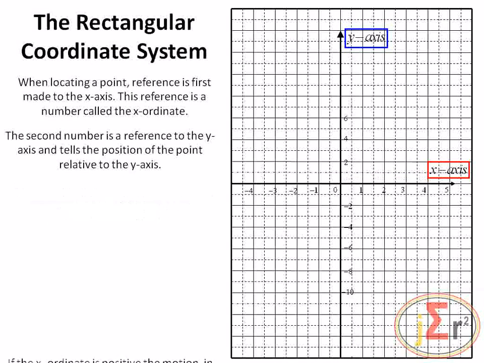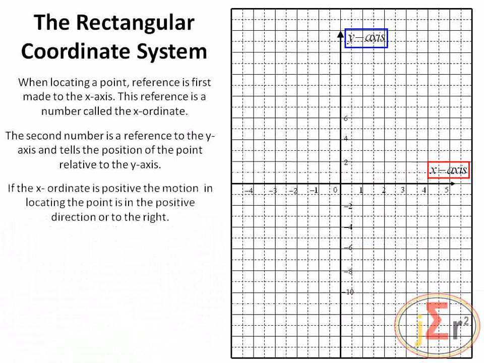So take a look at your arrow again. There it is. If the x-ordinate is positive, the motion in locating the point is in the positive direction or to the right. And that is what that arrow is saying. So if the x-ordinate is a positive number, you are going to go to your right or in the positive direction.